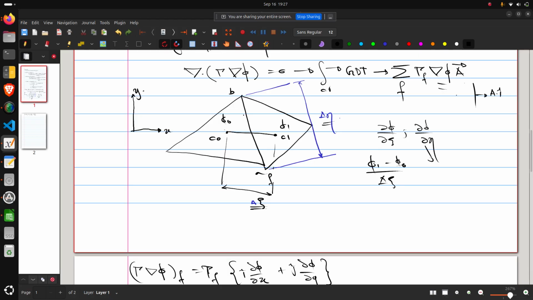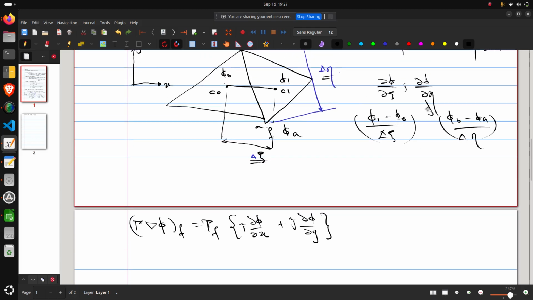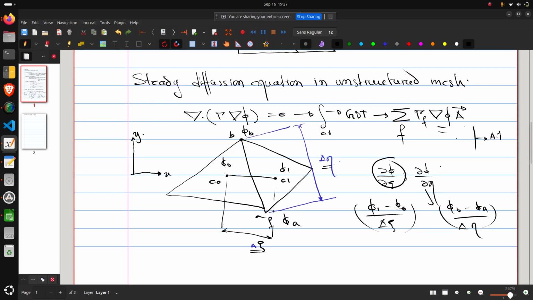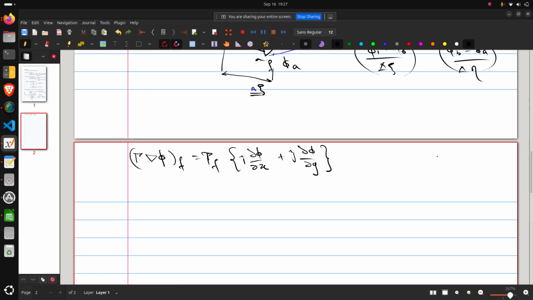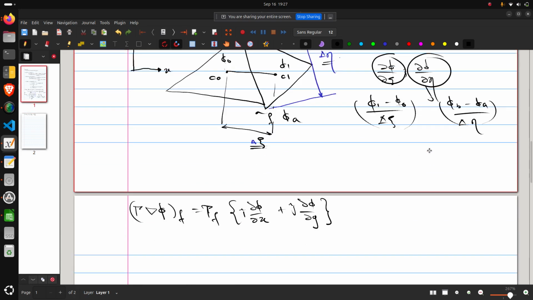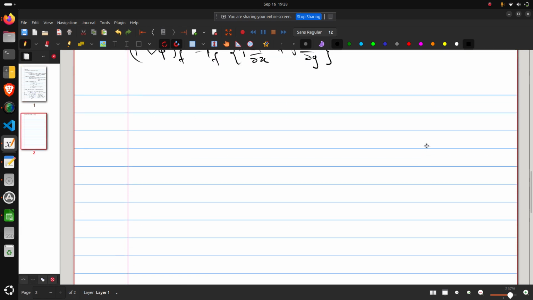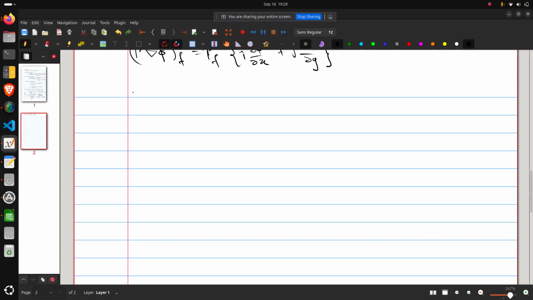And for the other, we somehow define this, we will come later to how to define that, as phi a and phi b, we can just write it as phi b minus phi a by delta eta, right? We can work with these terms, right?